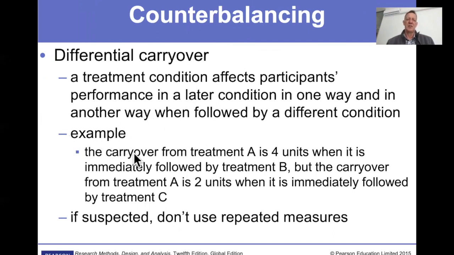An example is that the carryover from treatment A is 4 units when it's immediately followed by treatment B, but the carryover for treatment A is 2 units when it's followed by C. So if you suspect something like this, you shouldn't use repeated measurements. If you can have an influence like this, it's very difficult to control it. All right.